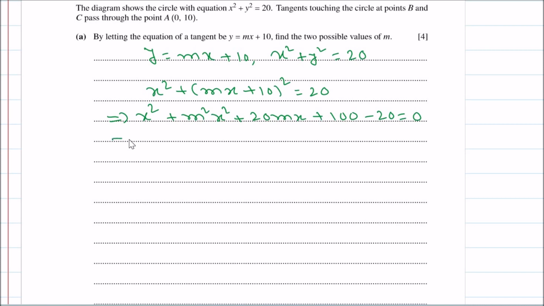Now let us see the x square terms. There are two terms, so we take common, and we get 1 plus m square, x square, plus 20mx, and 100 minus 20 is 80.